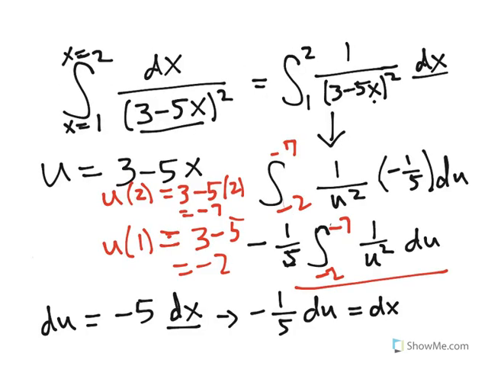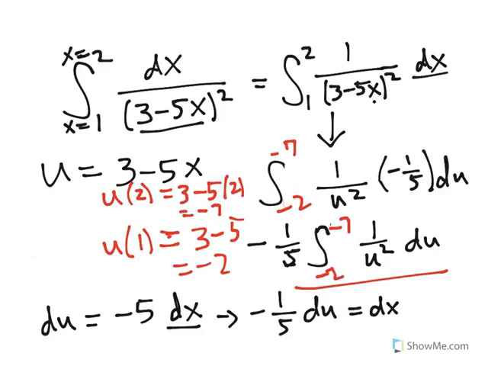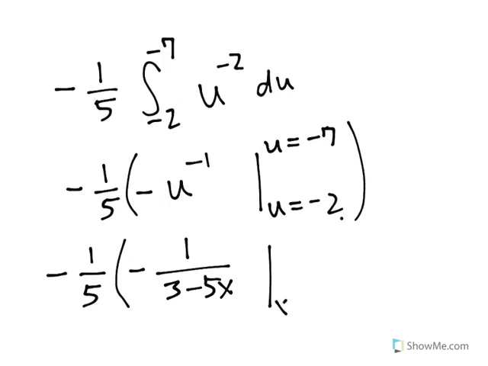So you could have -1 over (3 minus 5x), and then you're not talking about from u equals -2 to u equals -7. Now you're using those x values again that we had in the original. So then we're going from x equals 1 to x equals 2, and subtracting.